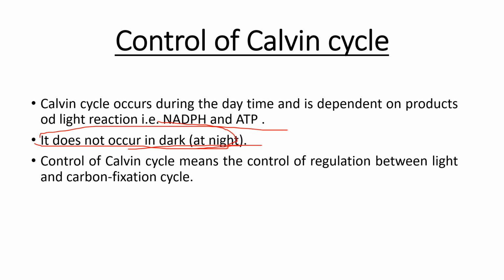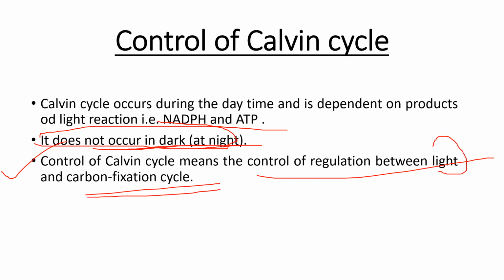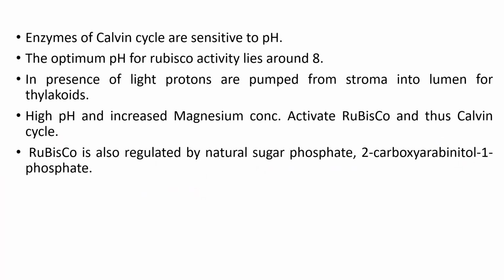This is the reason that the Calvin cycle does not occur in the dark at night. The control of the Calvin cycle means the regulation between the light and the carbon fixation cycle. It does not mean that we have to control the Calvin cycle itself; it is the regulation between the light and the carbon fixation cycle that we have to control.